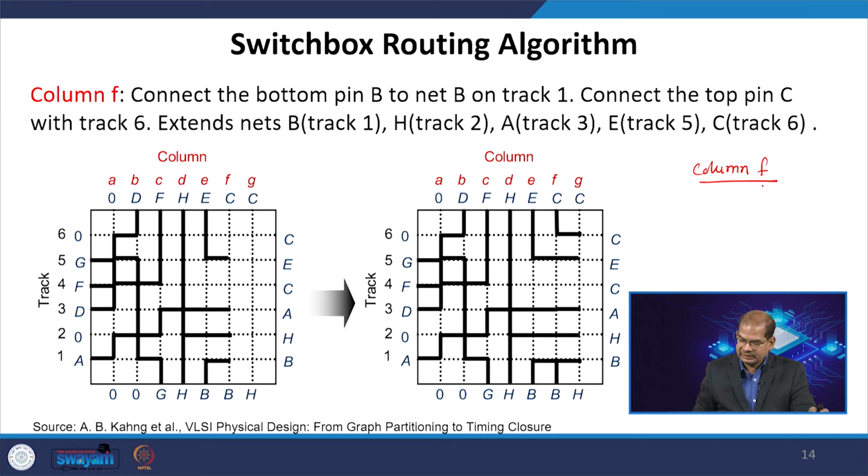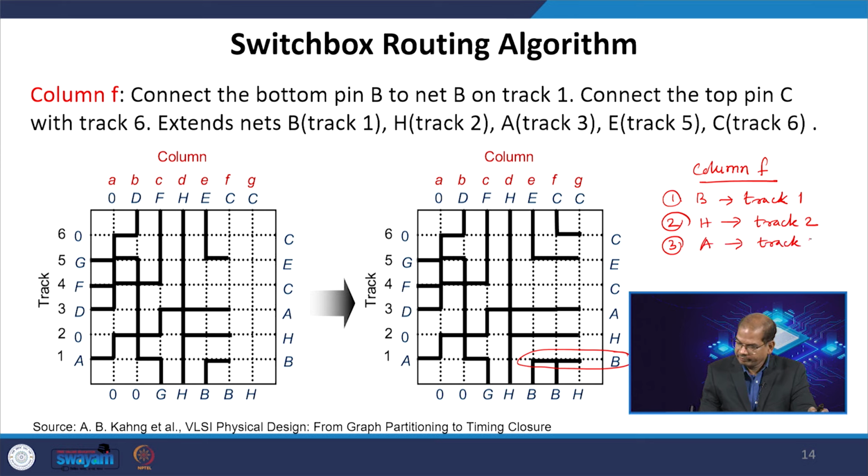Basically, if you can see column F, B is in track 1, and you have H in track 2, then you have A in track 3, then you have 4, and your E is in track 5, then the sixth one is your C in track 6.